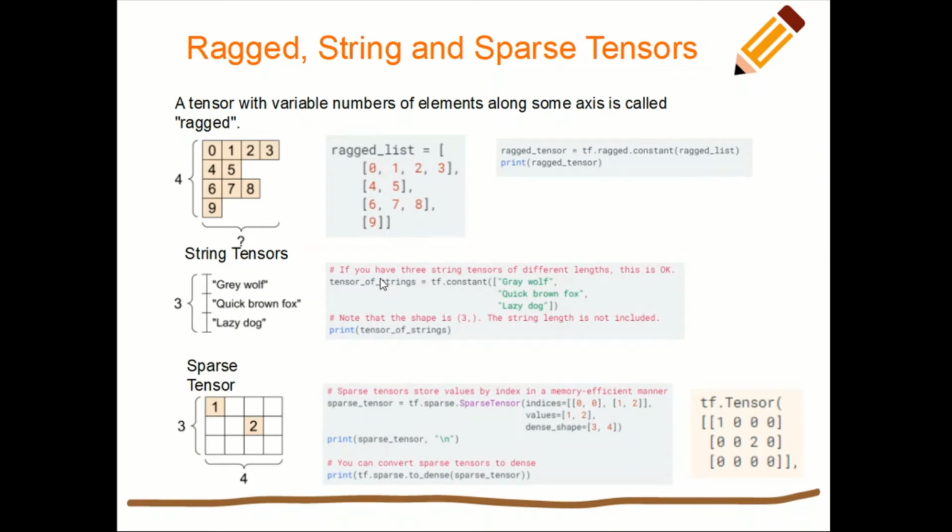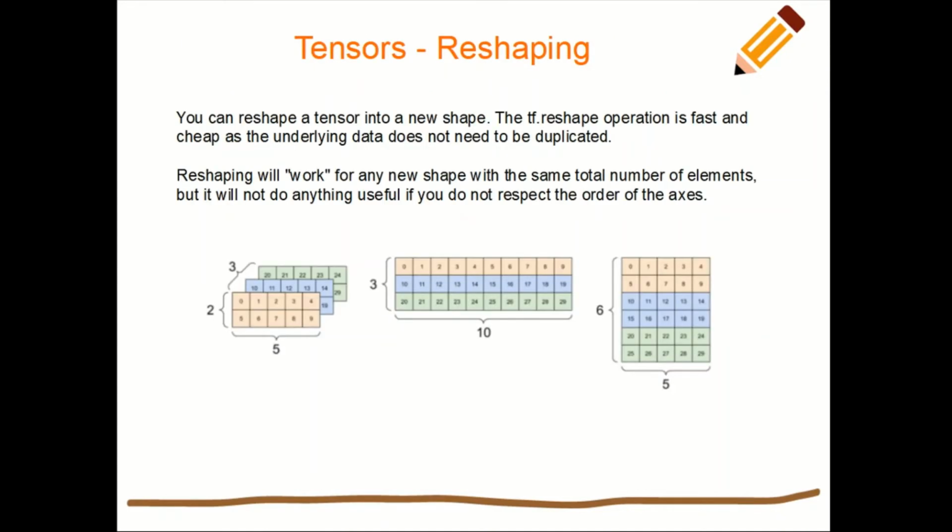So far we have been talking about tensors which are uniform. That means in the previous slide, all these tensors had a similar number of elements on a particular axis.